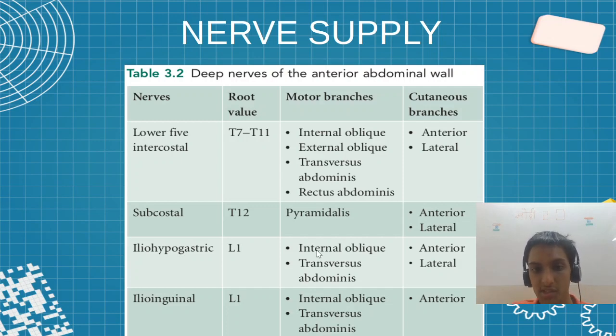So leave the subcostal, rest of them will have internal oblique and transversus abdominis common. Extra, just include here external oblique and rectus abdominis. Okay, that's all. And cutaneous branches, very easy. All will have anterior branches and lateral branches except ilioinguinal. So remember, except ilioinguinal, all will have lateral branches and all of these nerves will have the anterior branches compulsory.